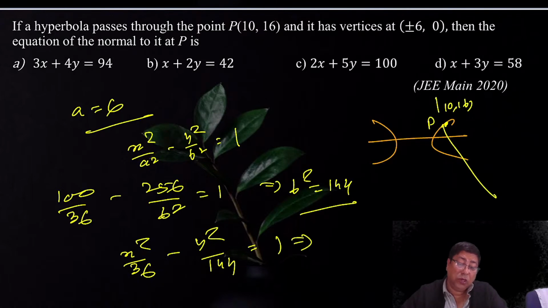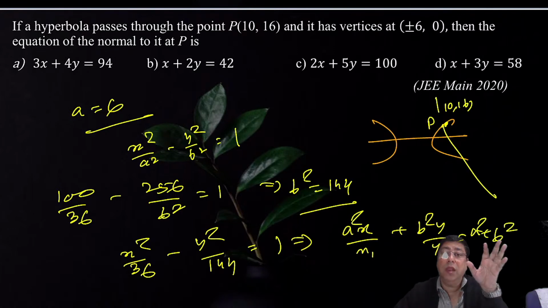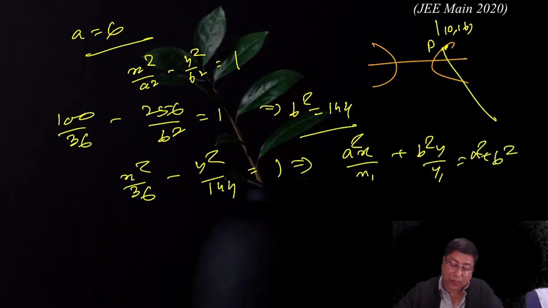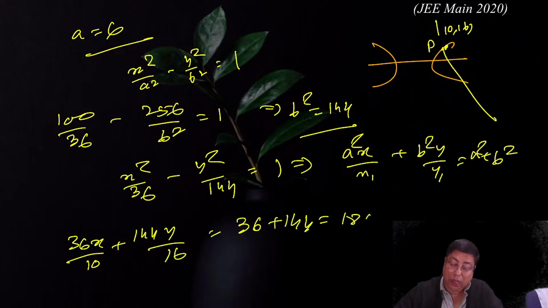And the equation of the normal is, we know, a square x by x1 plus b square y by y1 equal to a square plus b square. We have to remember the formulas, otherwise we cannot proceed, because in case of hyperbola and ellipse, their formulas are similar, but they differ by the plus minus. Therefore, we can write this as 36x by 10 plus 144y by 16 equal to 36 plus 144, that is 180. So after cancellation, we are getting 2x plus 5y equal to 100.